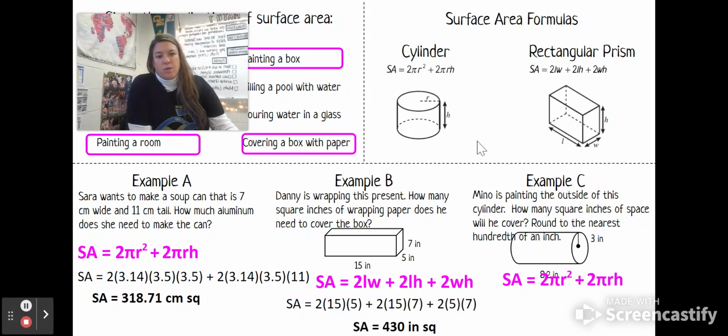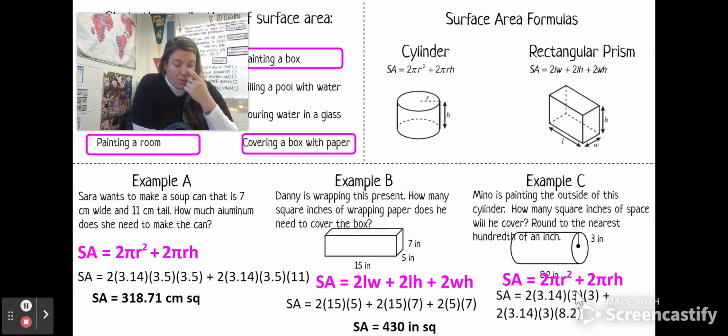So 2 times 3.14 times the radius, which is 3, squared, or 3 times 3, plus 2 times 3.14 times the radius, 3, times the height, 8.2. Big long equation to put into your calculator. Don't leave anything out. Don't leave the 3 squared out. That's part of the formula. That's part of what you wrote down here.